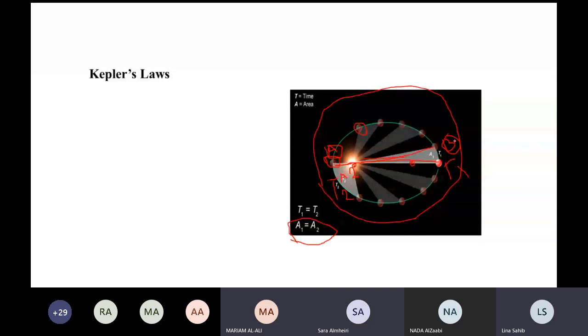A. Excellent. So at A, the gravitational force will be more than at B. Why? Who can tell me the reason? Because it's closer to the sun. Because it's closer, the distance is shorter, so less distance, more force.